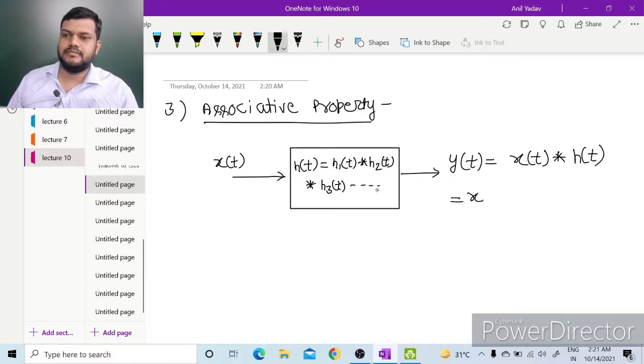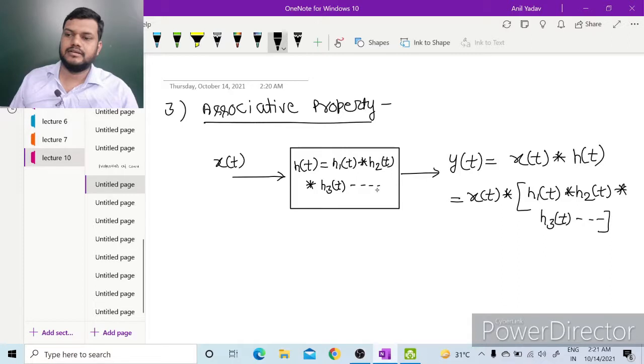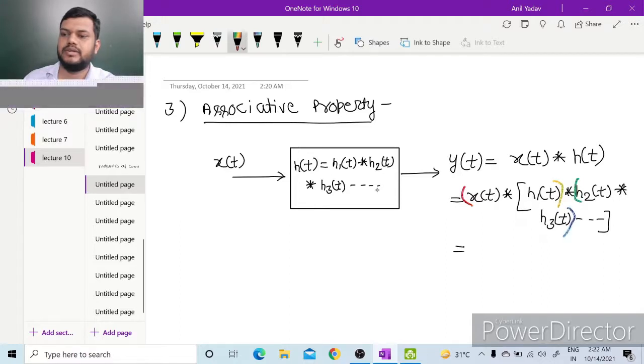So this became x(t) convolved with h1(t) convolved with h2(t) convolved with h3(t) and so on. So we can calculate this in any other way. For example, we can calculate x(t) convolved h1(t) and then h2(t) convolved h3(t) and then convolve these results.